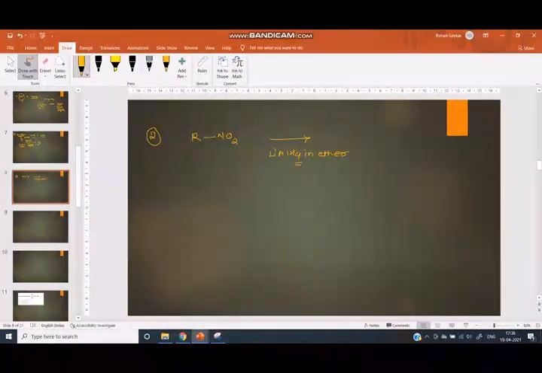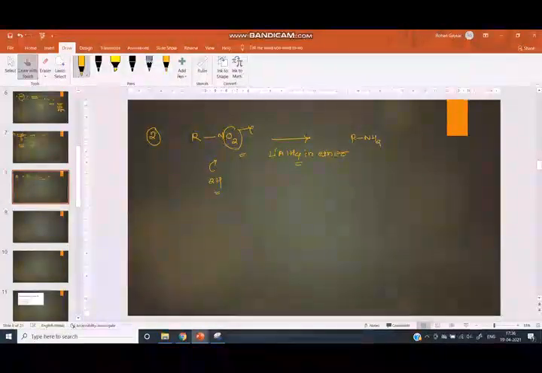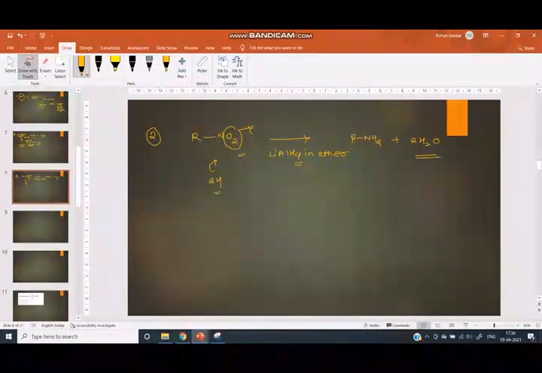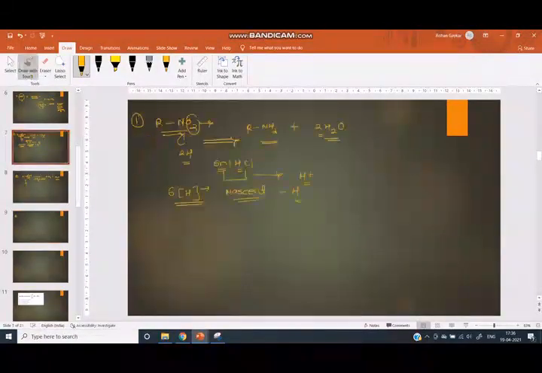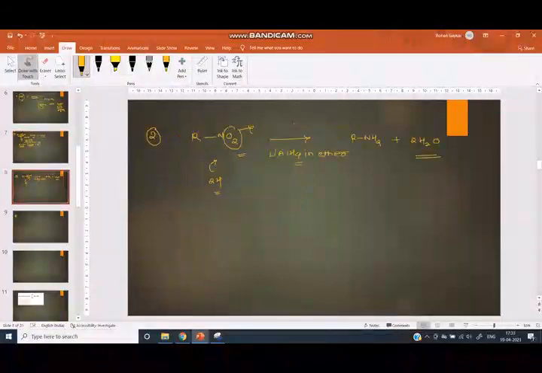Here, if we remove 2 oxygen and we add 2 hydrogen here, we get RNH2 and the byproduct is 2H2O. These are the two nitroalkane reactions. If you reduce the nitroalkane with the help of Sn/HCl, we get amine. If you reduce nitroalkane with the help of lithium aluminum hydride, we get amine.